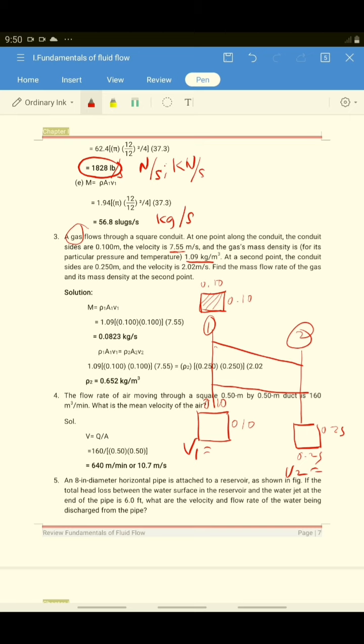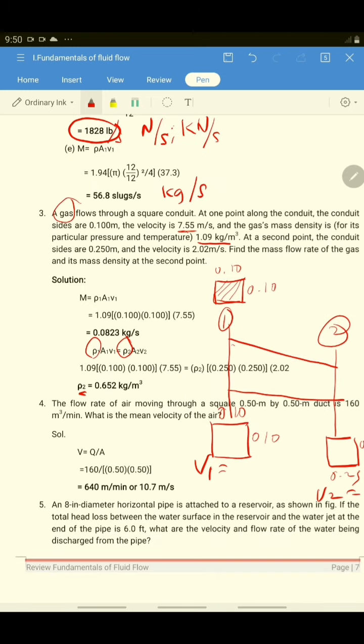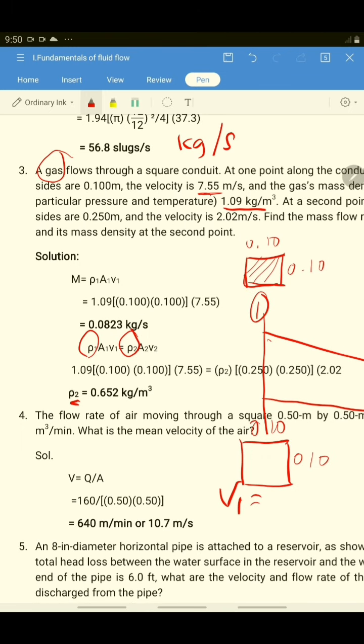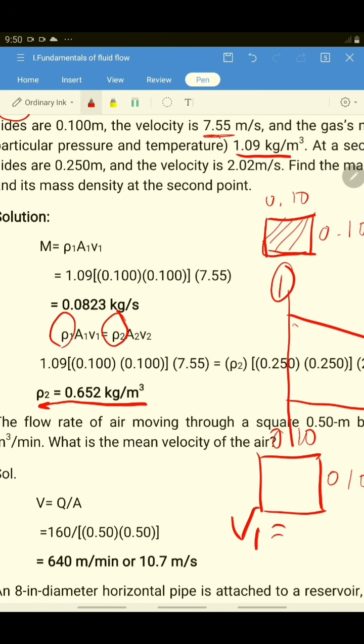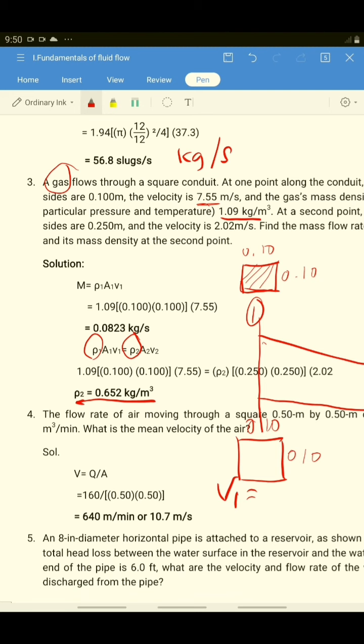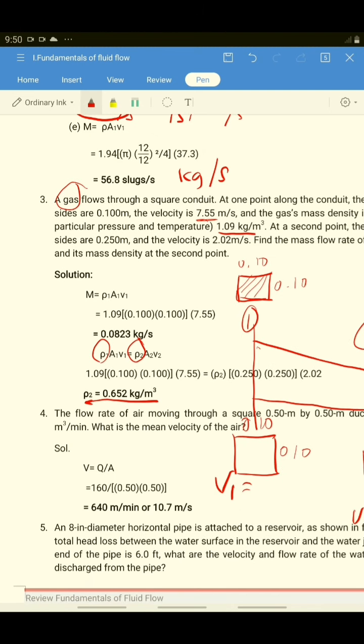That's why you are going to get the density at section 2, which is in kilograms per cubic meter per second.